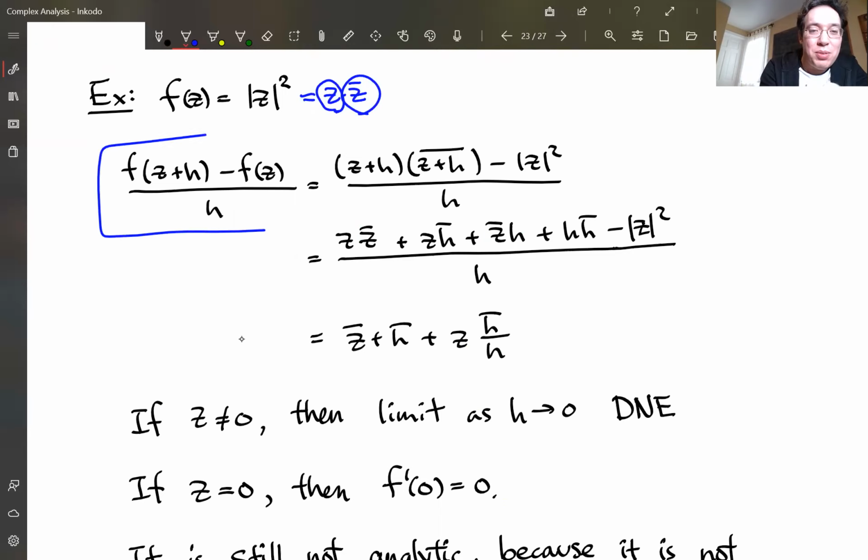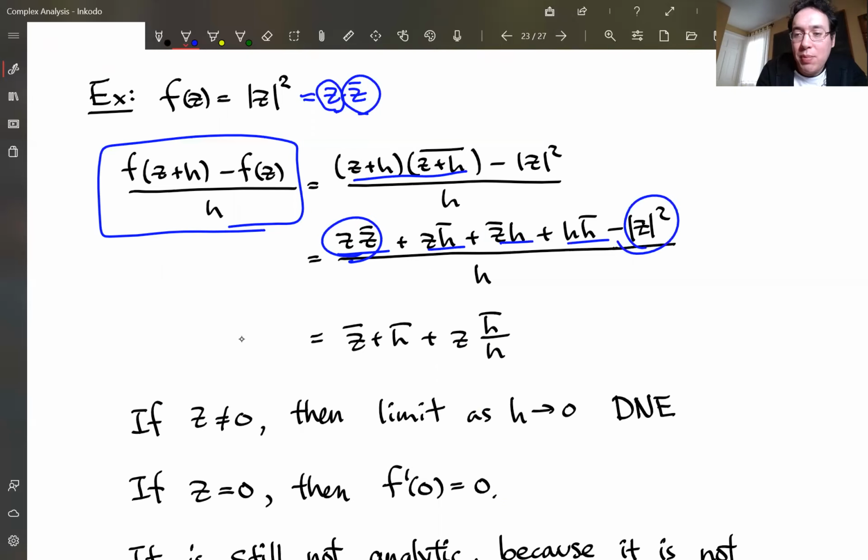Okay, so we have to use the difference quotient. And instead of looking at modulus of z plus h squared, I'm going to rewrite that as z plus h times z plus h bar, and then multiply it out. These are the cross terms, and we'll have 4 terms if we FOIL it out. z times z bar is the same thing as modulus z squared, so those two cancel out.